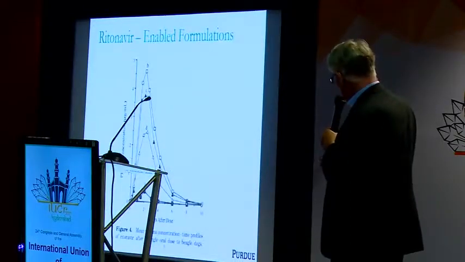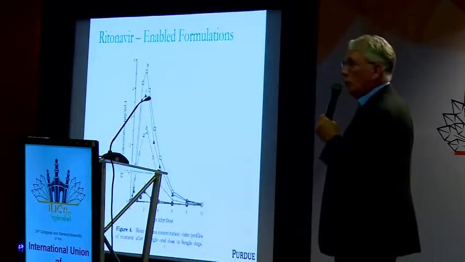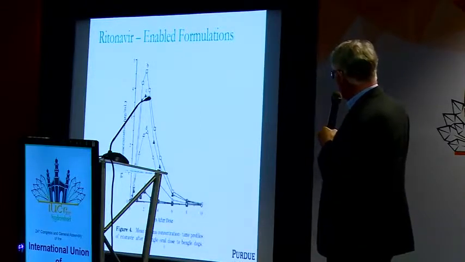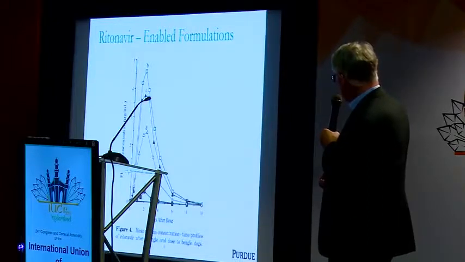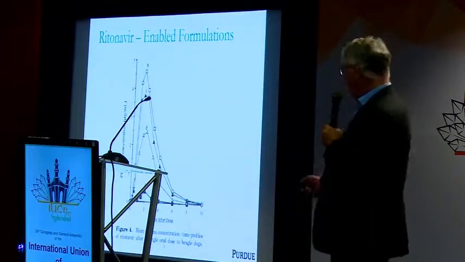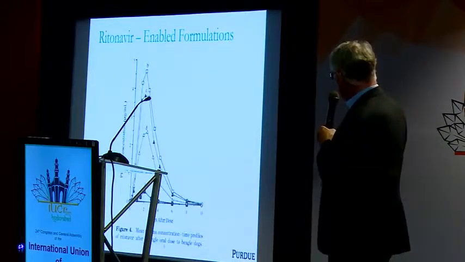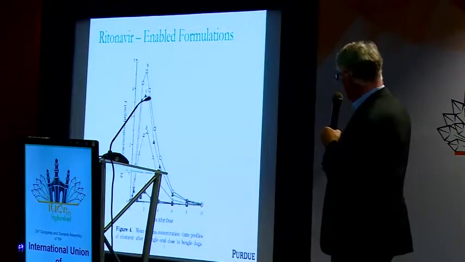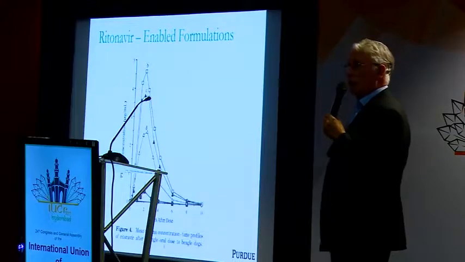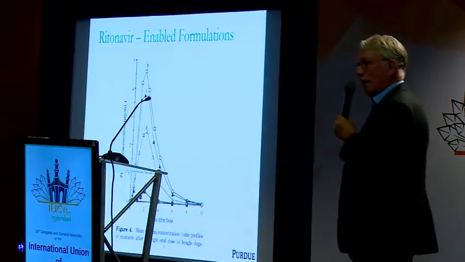And here's a picture of what you would call the enabled formulation, the problems with the crystals. The crystalline formulation, this is blood level versus hours. The crystalline formulation is this little bump right here, essentially no blood level. The amorphous or dissolved formulation, different ones, obviously reach much better blood levels and are much more bioavailable.